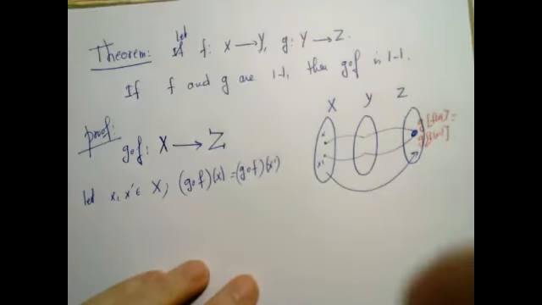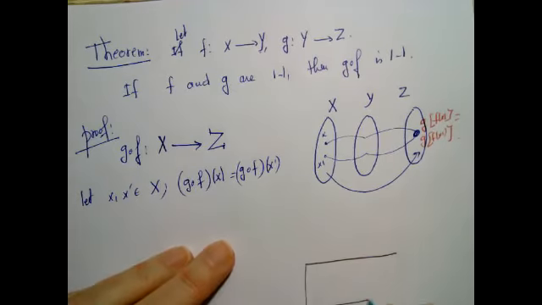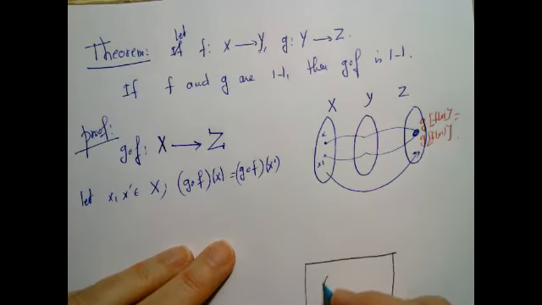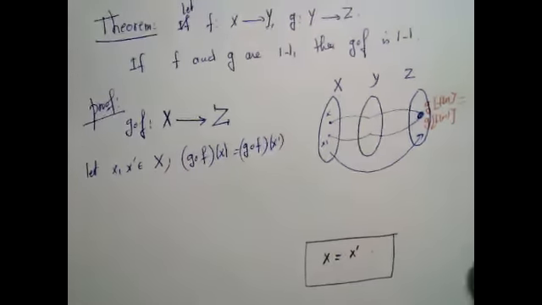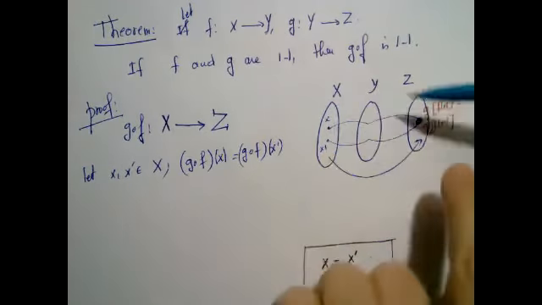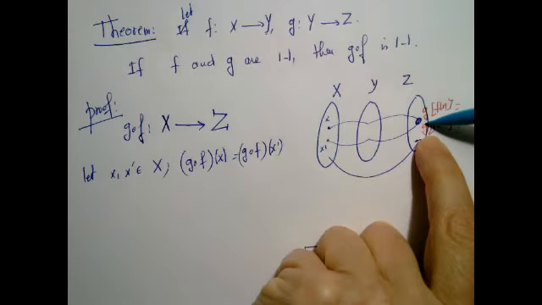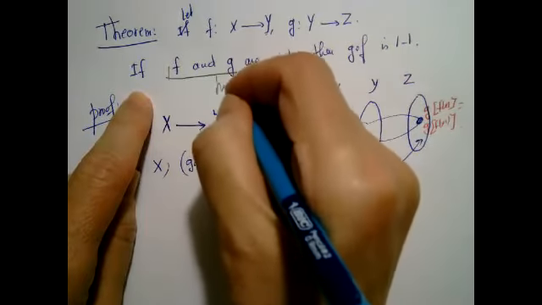And my goal is to show you that if this is the case, then x and x prime are equal. Okay, so that's how we show one-to-one. We take two points in the domain such that the output is the same. You have to convince me, using my hypothesis. That's my hypothesis here.